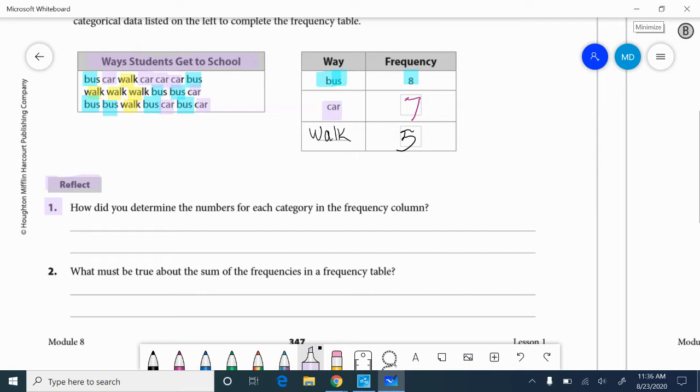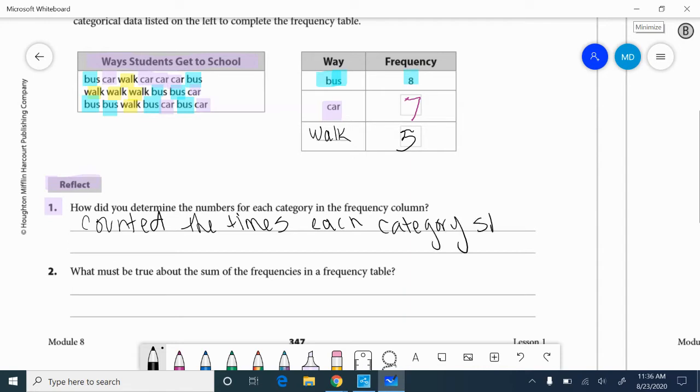Basically, we just counted, right? We just counted the times each category shows up.